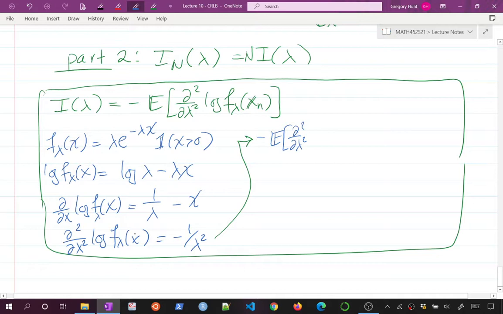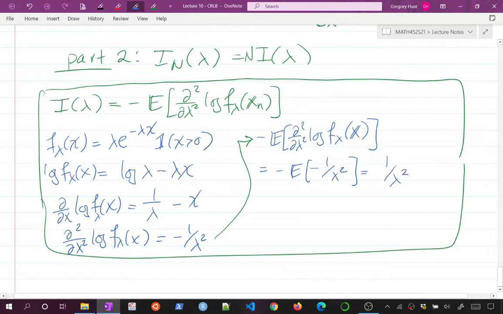You go from treating x as just some number to treating it as random, so instead of little x we have a random variable x. So this is negative the expected value of negative 1 over lambda squared, which funnily enough doesn't even involve x, so that was a big hullabaloo about nothing. All we get is 1 over lambda squared.